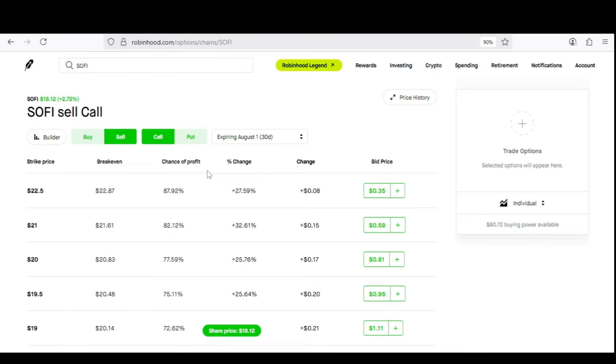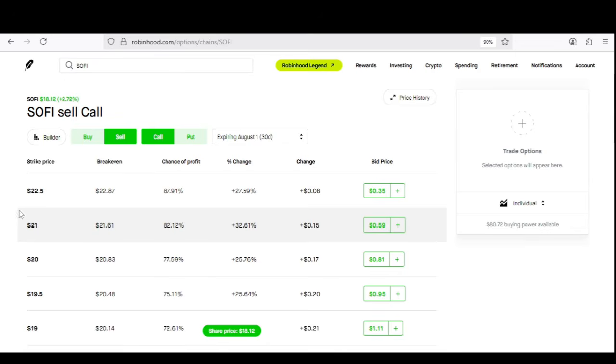One options trick you can use is your chance of profitability. With an 80% chance of profitability, that tells you that there's an 80% chance that this trade is going to go in your favor. So the corresponding strike price for the 80% chance of profitability is the $21 strike price, and that's how we come up with our $21 price.